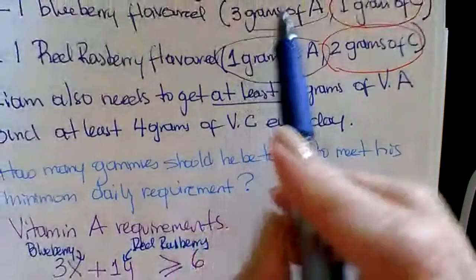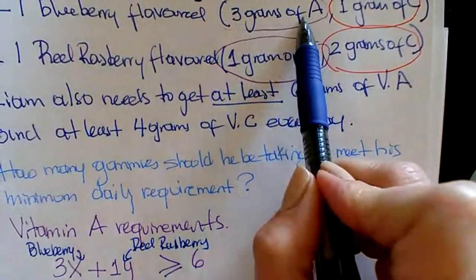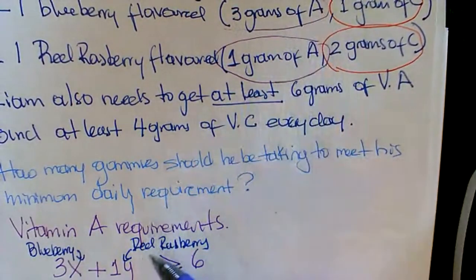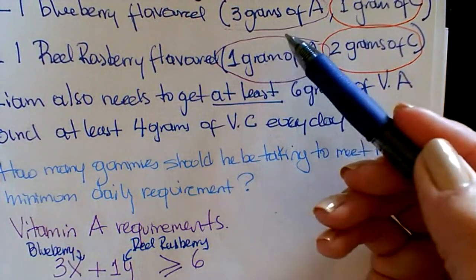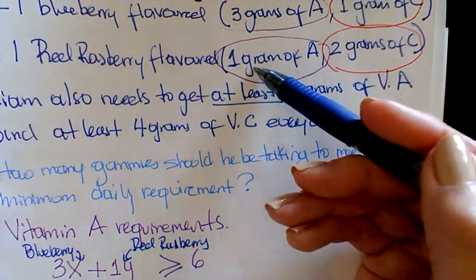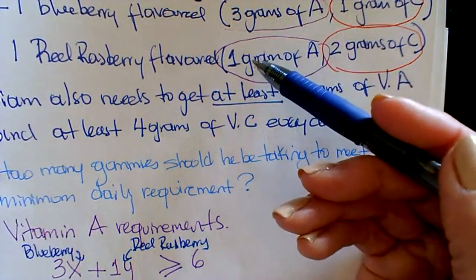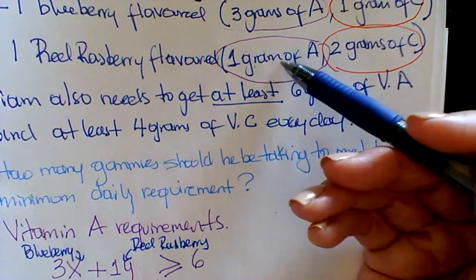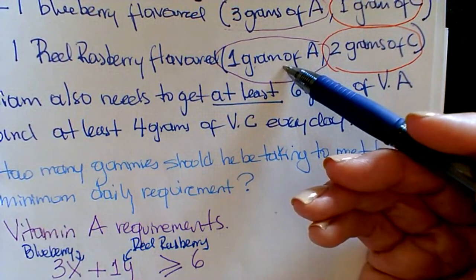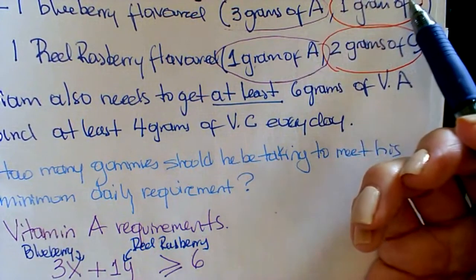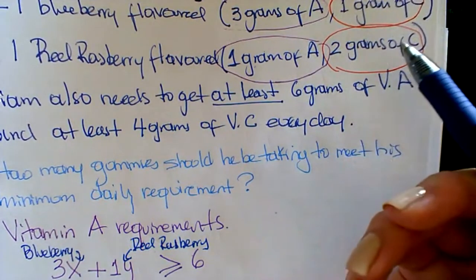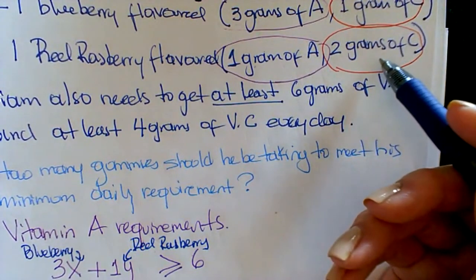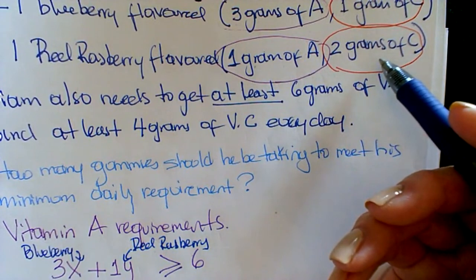If we look at the blueberries, it's 3 grams of vitamin A. And the red raspberries is going to be the Y, which is only 1 gram of vitamin A. Now for vitamin C, blueberry, again X, is 1 gram of vitamin C, and the Y is 2 grams of vitamin C.